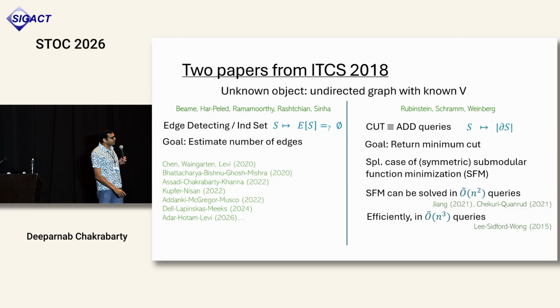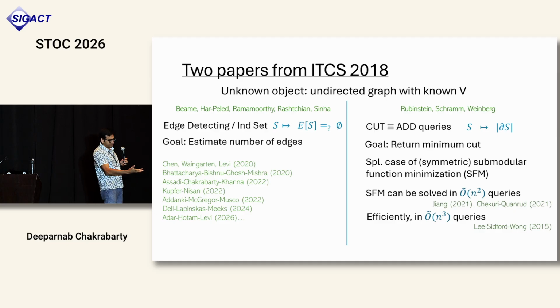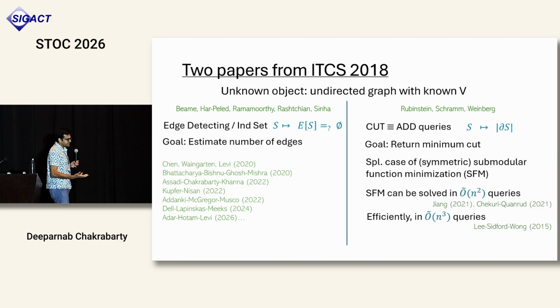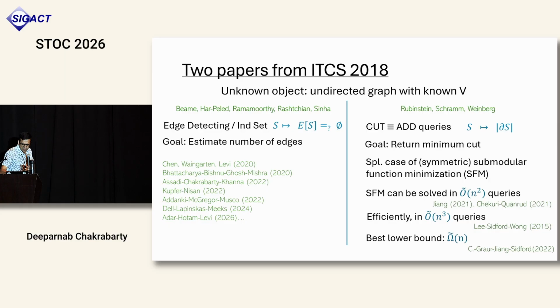Furthermore, the state of the art right now is that with n-squared queries, the algorithm itself, after seeing the query answers, is not polynomial time. If you want efficient algorithms, then the situation is cubic. There are n-cubed time algorithms to minimize any submodular function. On the other hand, the best lower bound is still linear or near linear.